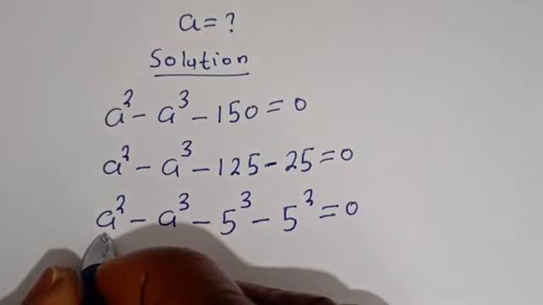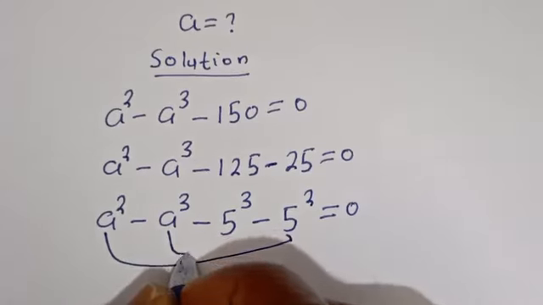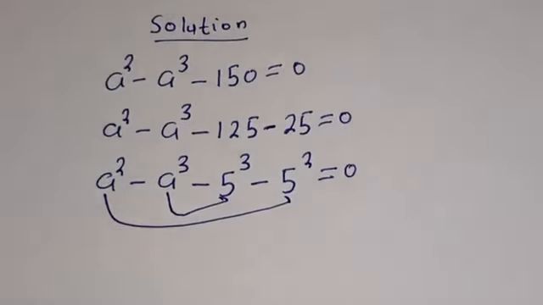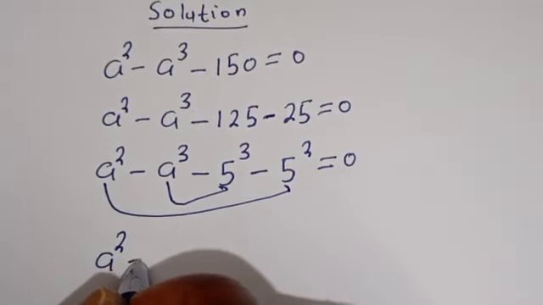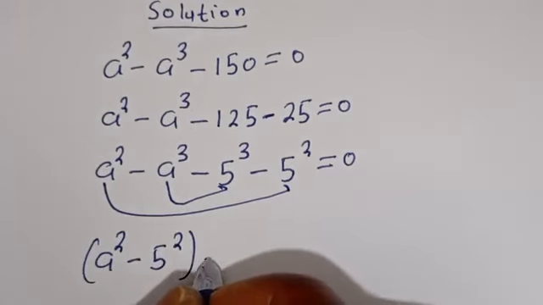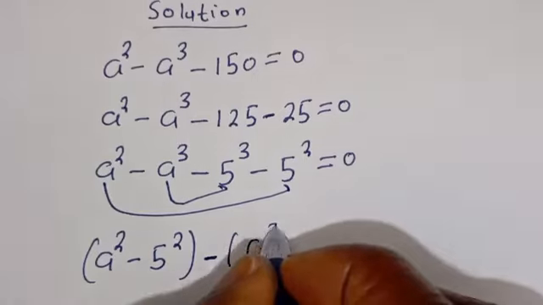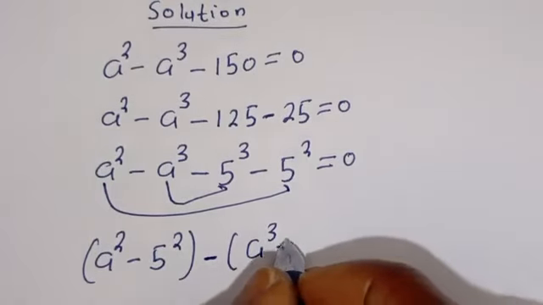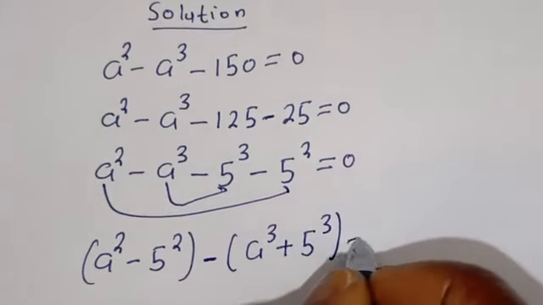Now we can pair this with this, and let's pair this with this. We have a squared minus 5 squared. Then minus here will be a to the power of 3 plus 5 to the power of 3 is equal to 0.